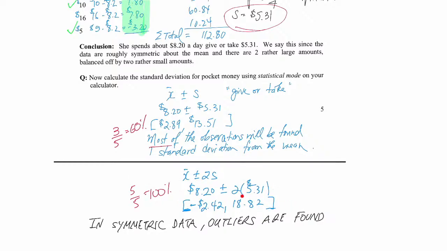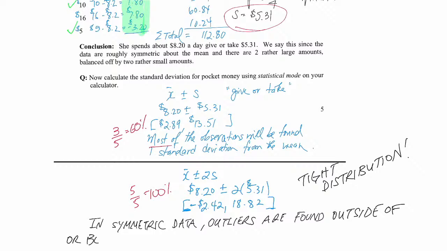So you see all the values fall in this range, so it's 100%. And I said that this is a tight distribution. In symmetric data, if the distribution is more volatile, you can actually see what are called outliers. Outliers are actually found outside of or beyond, does anybody know?